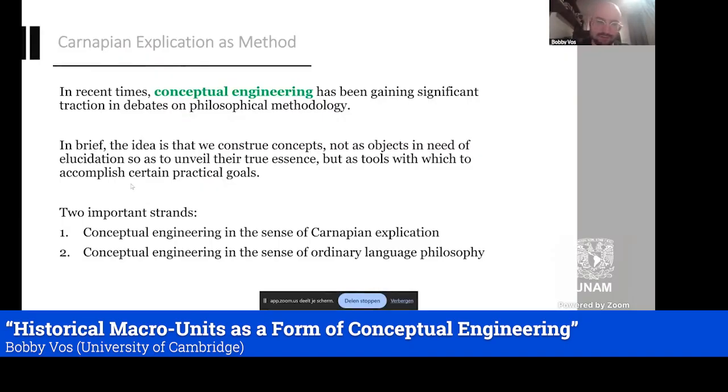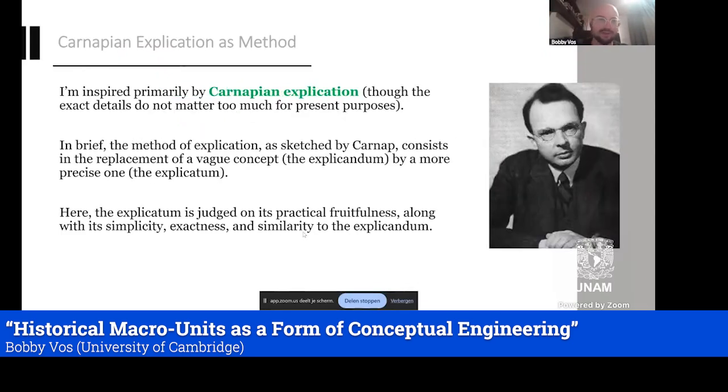I'm bracketing all of those for today. But I will note that in the literature we find at least two broad strands of work inspired by conceptual engineering, namely conceptual engineering in the sense of Carnapian explication, and the other being conceptual engineering in the sense of ordinary language philosophy. The first of these is the one that I will focus on here.